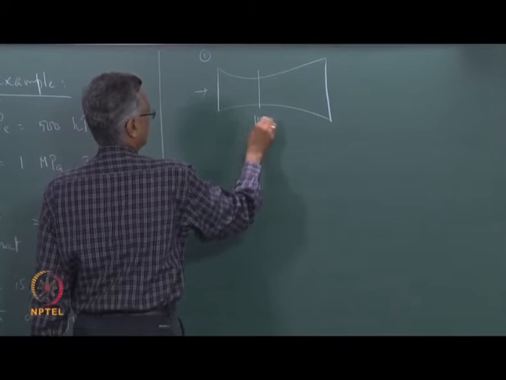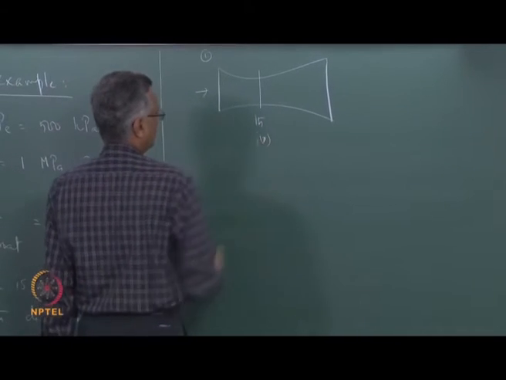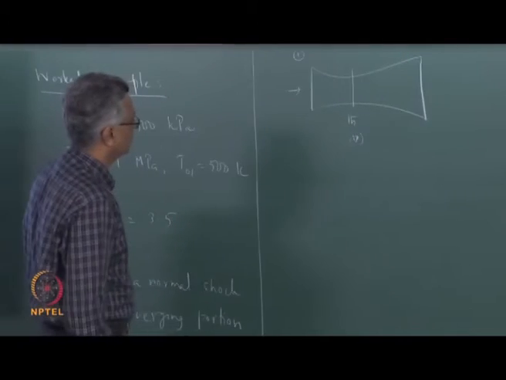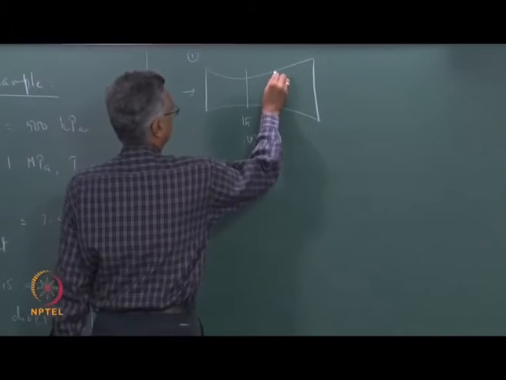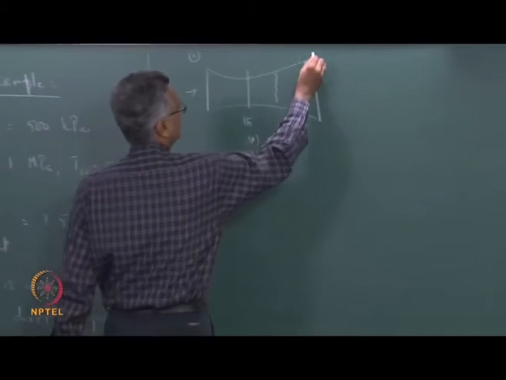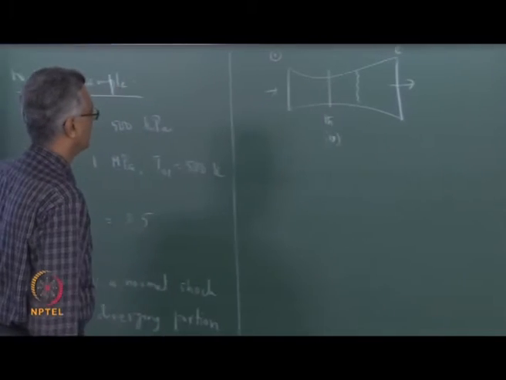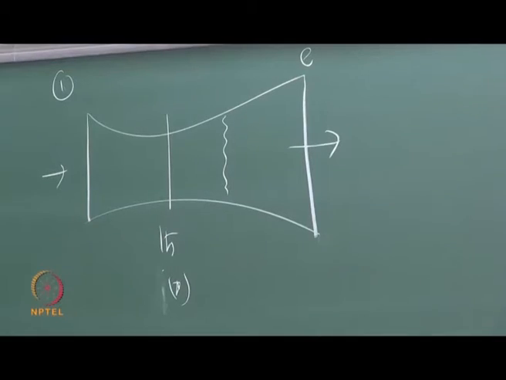This is the throat section. Remember, in this case the Mach number here has become equal to 1. So the throat section also happens to be at the sonic state. There is a normal shock here, and this is the exit of the nozzle. P exit is known, is 500 kilopascal.